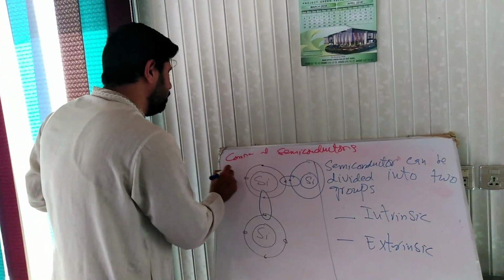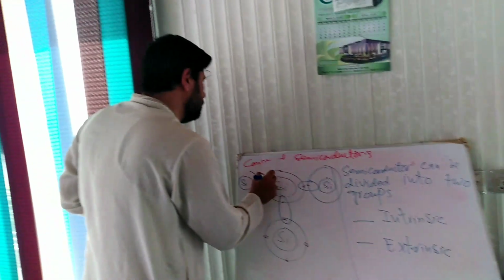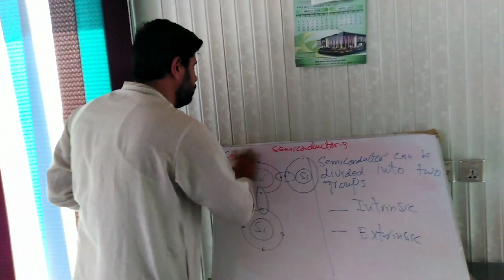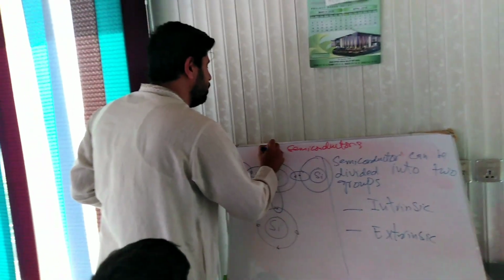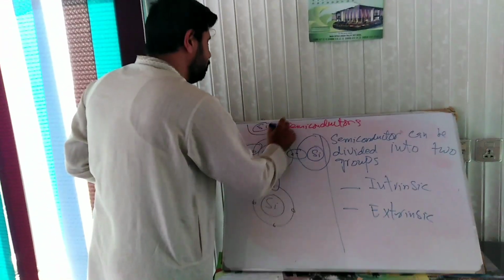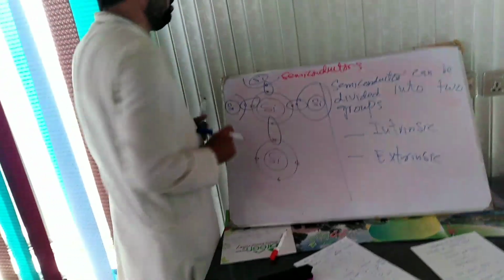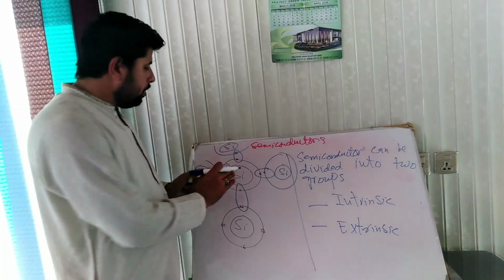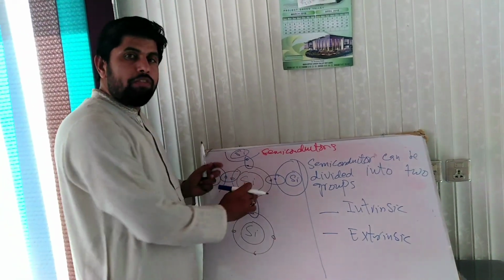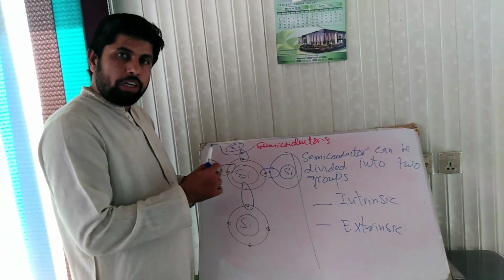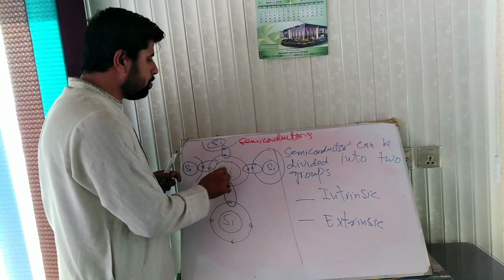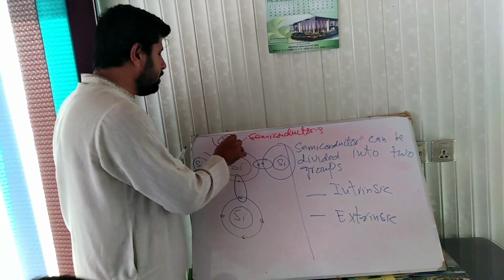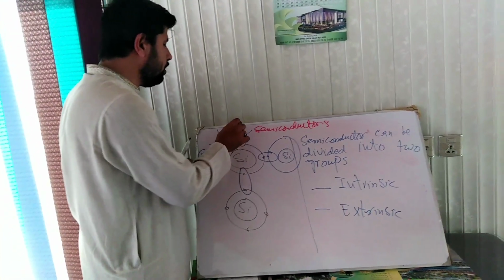Similarly, here we have another, and these two are making covalent bonds, and then we have silicon here, and these two are making covalent bonds. It means an electron is revolving around 2 atoms, this silicon atom and this silicon atom.